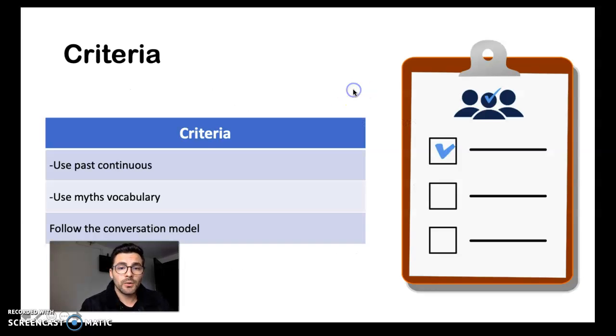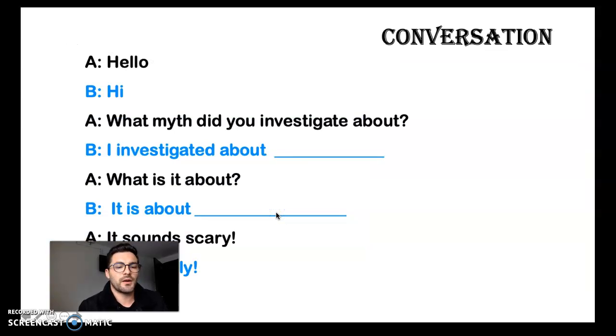Very good. So remember to use past continuous, use mystery or myths vocabulary, and follow the conversation model. So this is the conversation model that you have to follow when you finish your investigation.